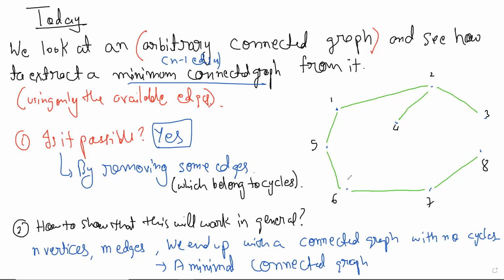Now, what does minimal here mean? Minimal means that you cannot decrease that particular structure further. What you have is minimal because you cannot further remove something from there. So it's a minimal connected graph, right?